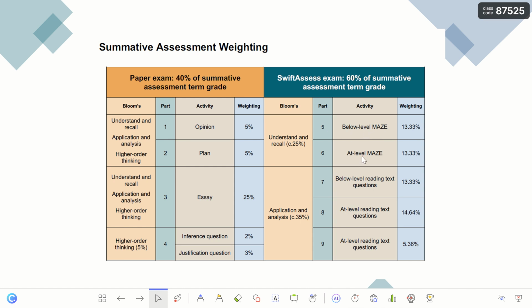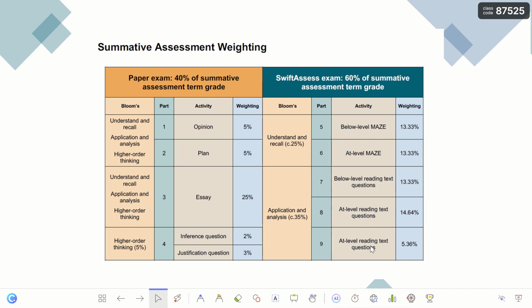Then another maze at level. Then the reading part, you will be given 2 pieces of reading, 2 passages with 3 questions. With the 3 questions: below level reading text, at level, and at level.